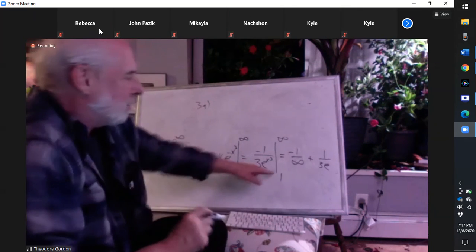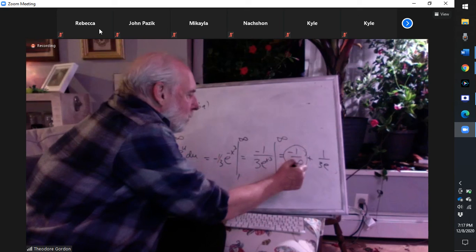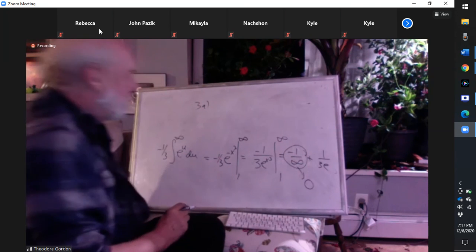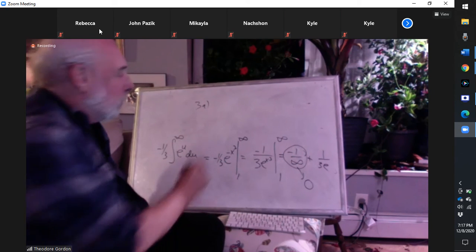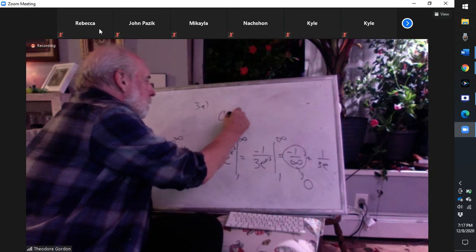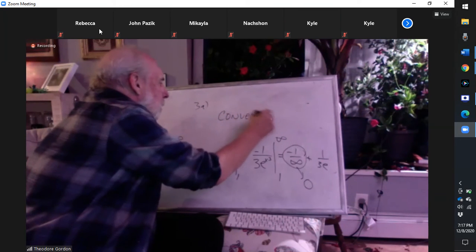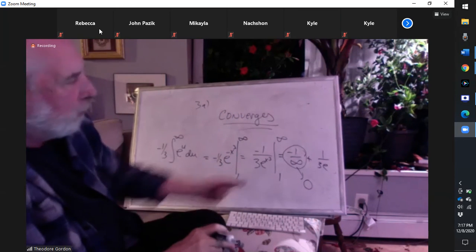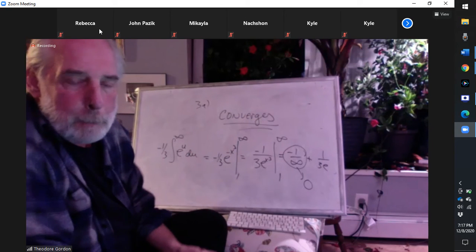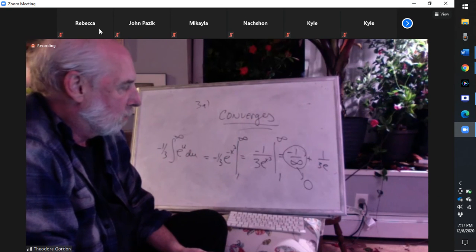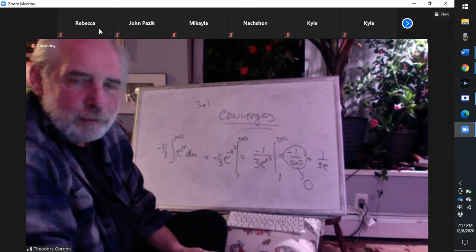So there's the constant. Well, negative 1 over infinity is just 0. So that means our original series 3a converges by the integral test. Very good?